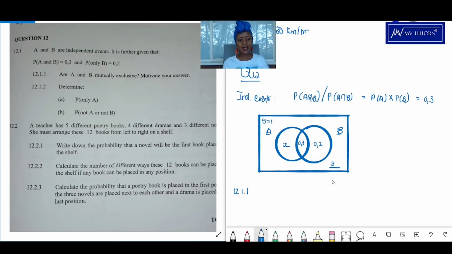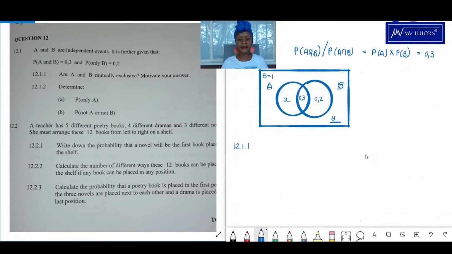Now it says, are A and B mutually exclusive? For mutually exclusive events, you would have a Venn diagram where you would have A there and B there, and there wouldn't be any form of intersection. The events would just happen without coinciding at any point. So no, they are not mutually exclusive.